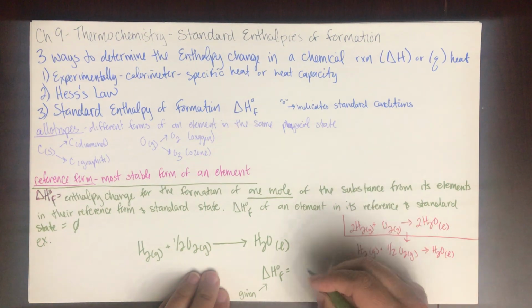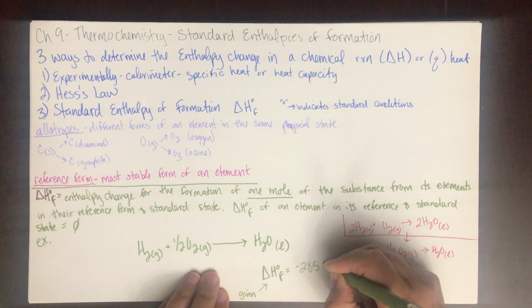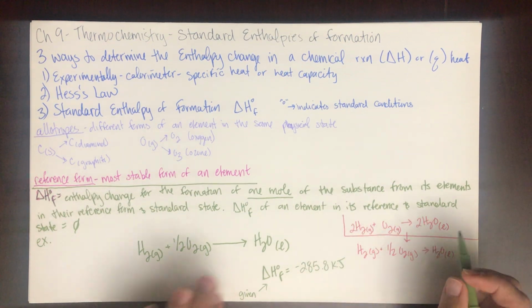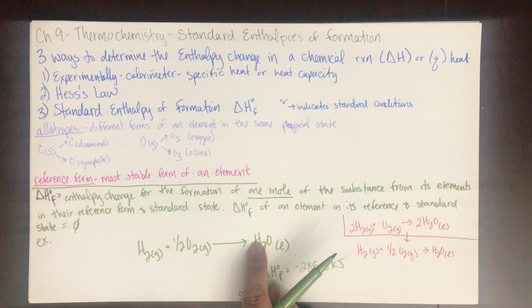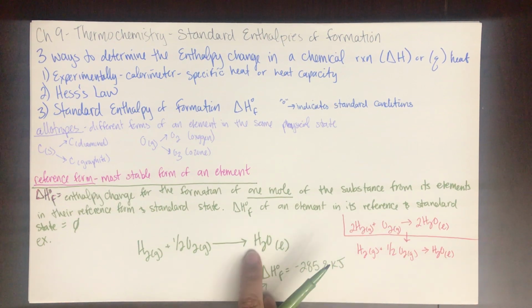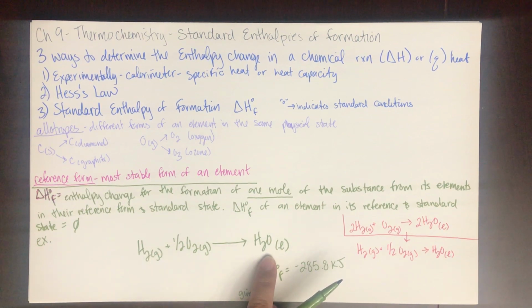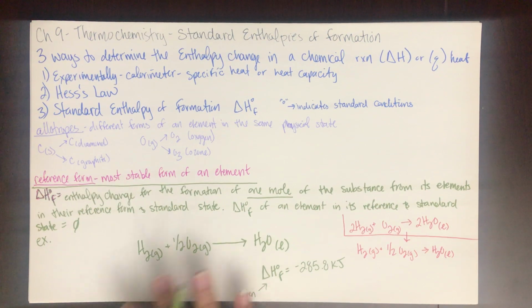The standard enthalpy of formation of liquid water is negative 285.8 kilojoules. And you don't really need to say kilojoules per mole. It's just kilojoules because it's implied that it's going to be per mole, because by definition, the enthalpy of formation is for 1 mole of water. So this is where all this is coming from.